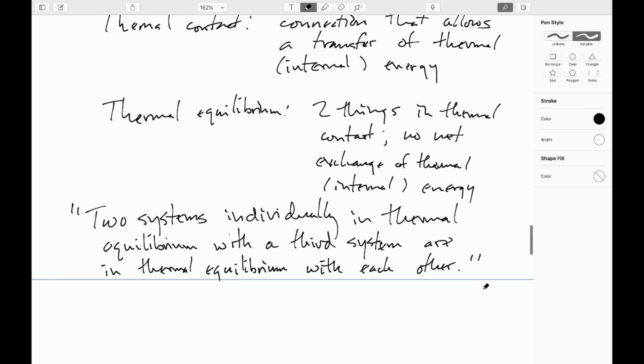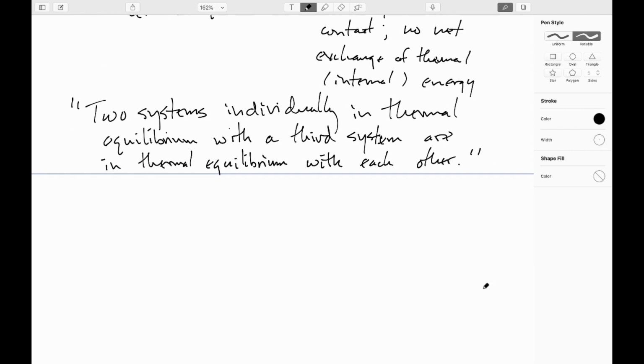All right, what does this do? What this is doing is it defines the concept, not of temperature, but just the idea of the same temperature.